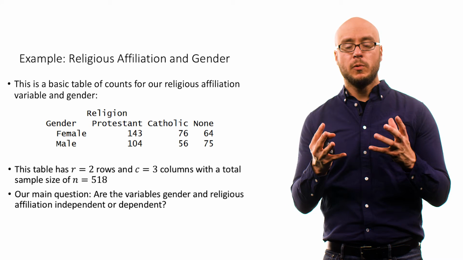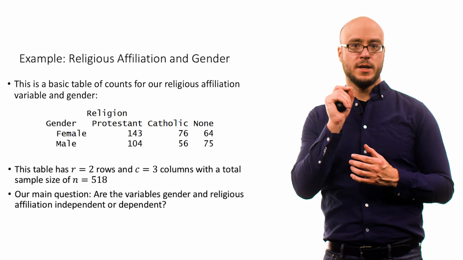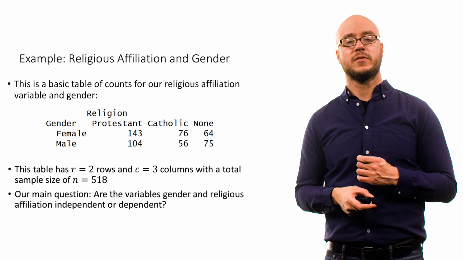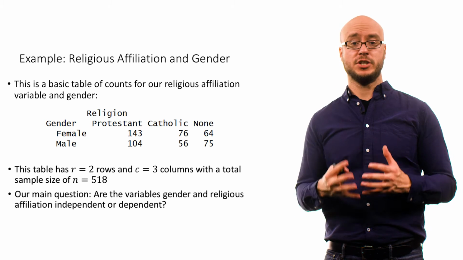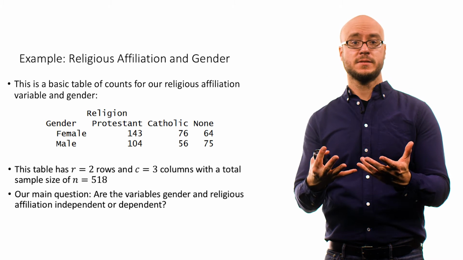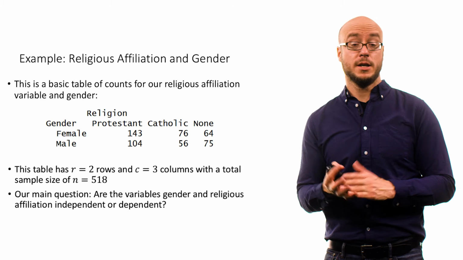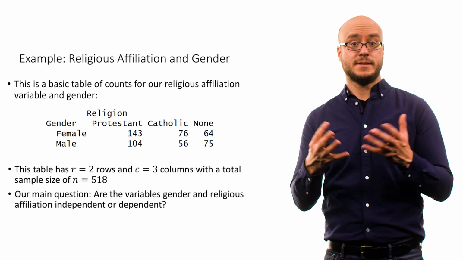The question we want to answer is, are these two variables related? Are gender and religious affiliation independent or dependent from each other? An important point is that if we had the population, if we had a census, if we had all young people in the United States and knew their religious affiliations, we could just work with the data itself in the population.